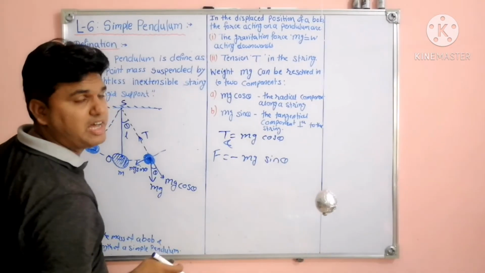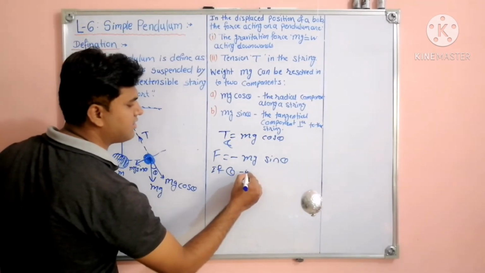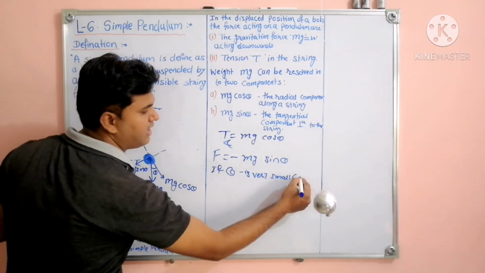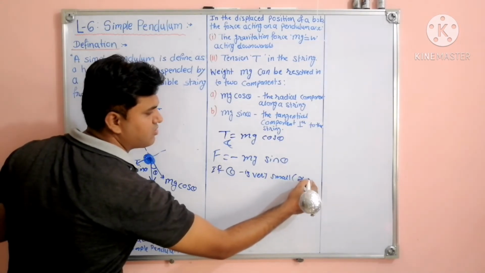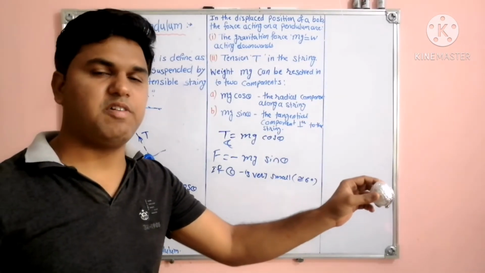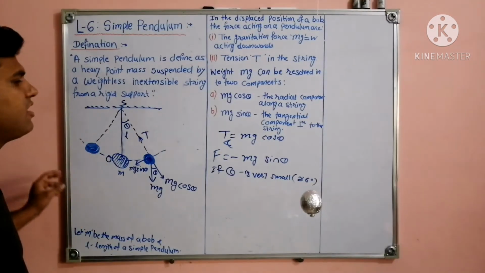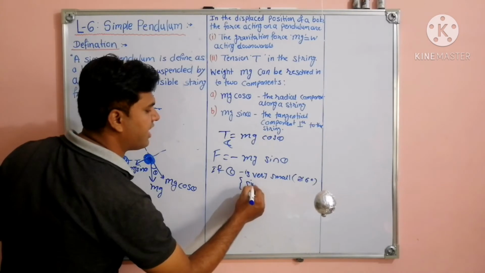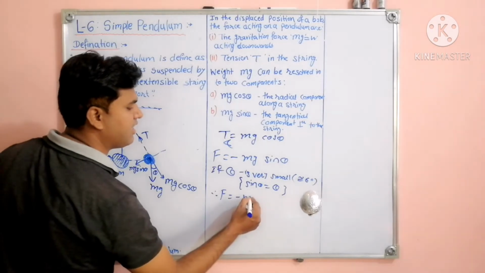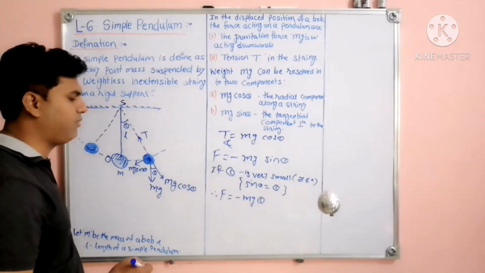Okay, now if theta is very small, approximately 6 degrees or less, if the angular displacement is very small, near about 6 degrees or less, then in that case we can write sin theta equals theta only. Therefore this force can be written as F equals minus mg theta.